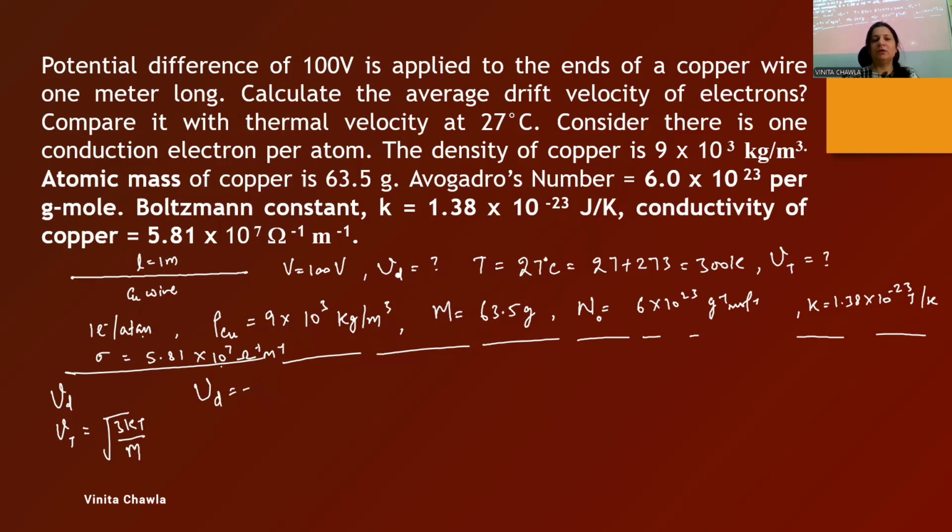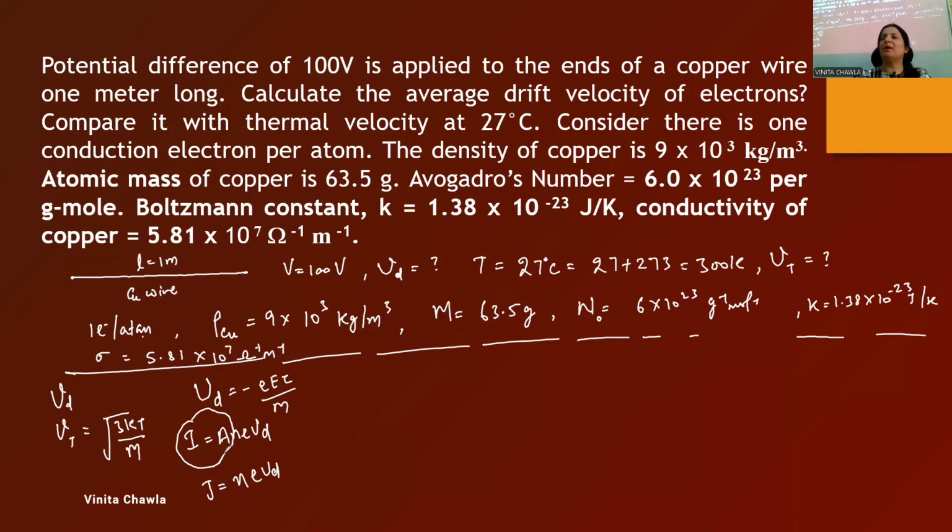Or we know one more relation. It's minus E tau by m, or I is equal to A N E Vd. I is equal to A N E Vd. So we can write Vd from this expression also. It's I upon A N E. Yes. And one more thing. This I upon A is J. So J is equal to N E Vd.